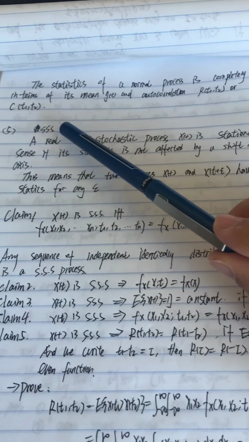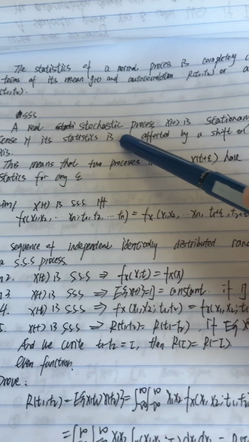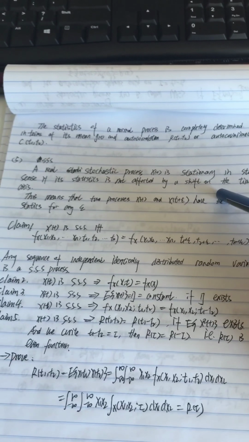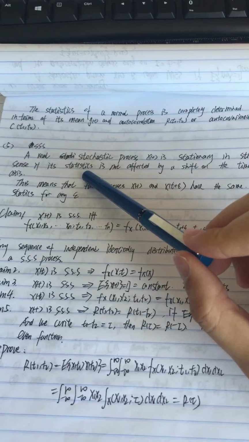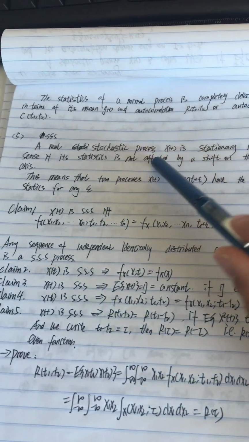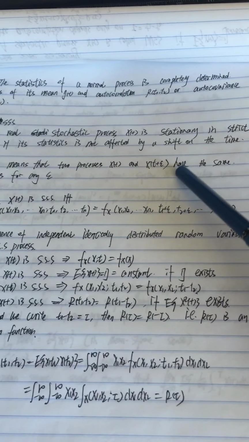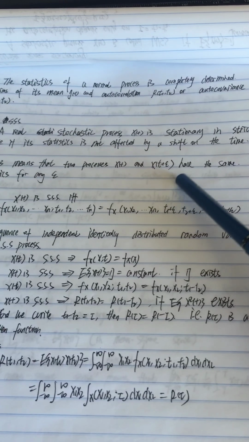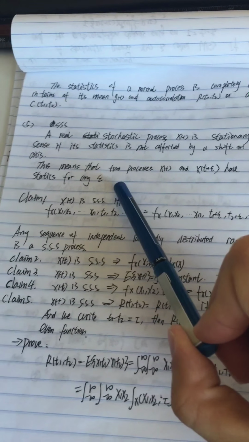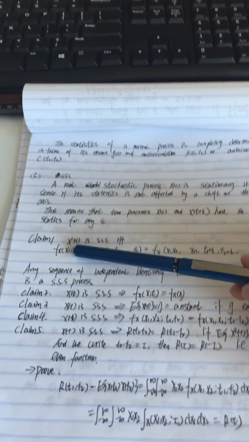The fifth example is the strict sense stationary process. A real statistical process x(t) is stationary in the strict sense if its statistics are not affected by a shift on the time axis. That means the processes x(t) and x(t plus sigma) have the same statistics for any sigma. There are several properties for this.